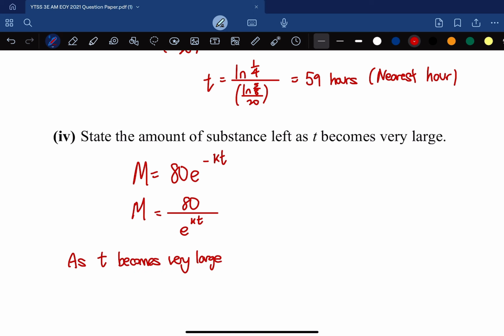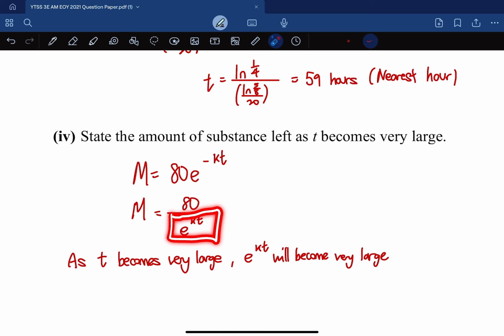we know that this is an exponential function. As t becomes very large here, this entire e power kt will become very, very large. And as a result, since this is a fraction, if the denominator becomes very, very big, eventually, since the numerator 80 is a constant, this fraction will tend towards 0.